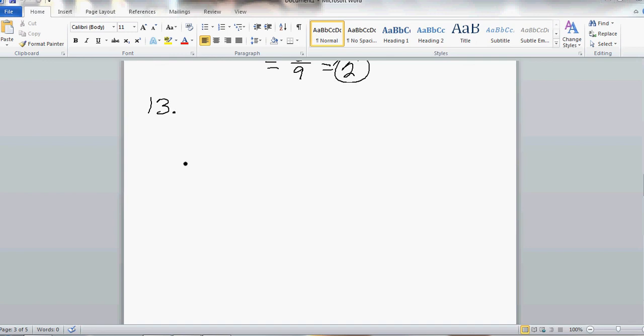Number 13, let's see what problem we have here. Okay, we have a curve, y equals ax squared plus bx plus c. We know it passes through the point 2, 10. Now let's just stop there and figure out what we can do with that.